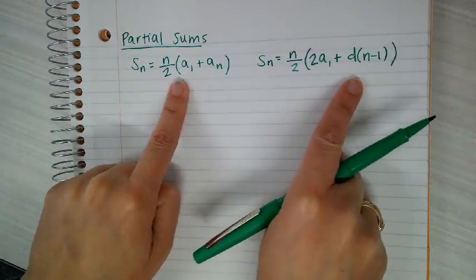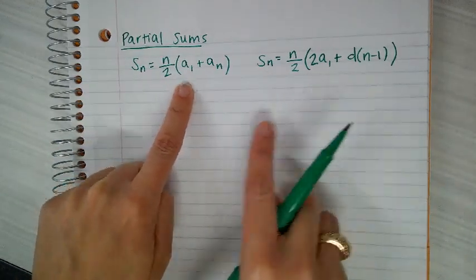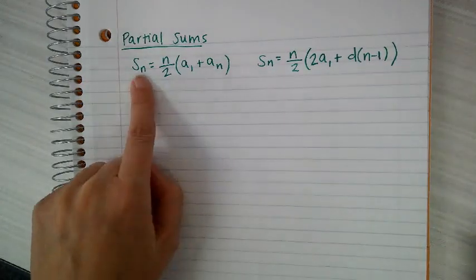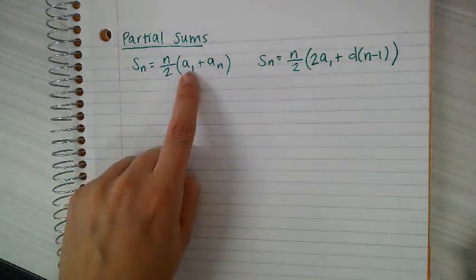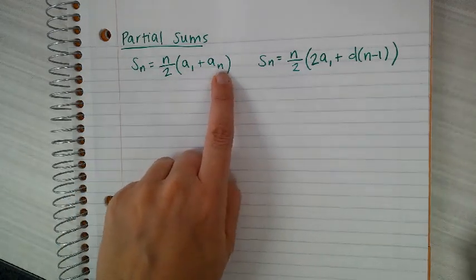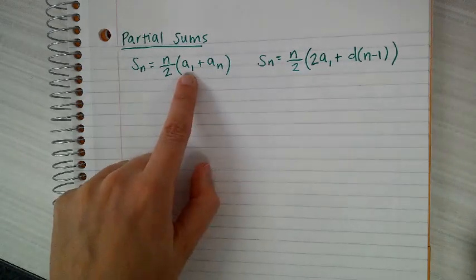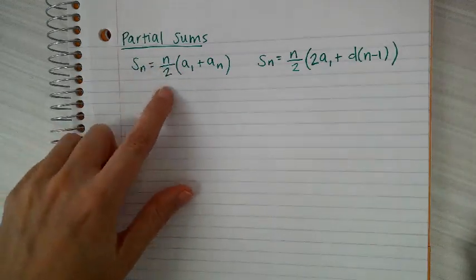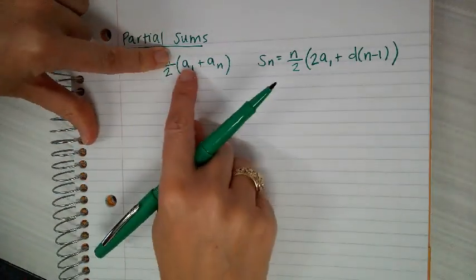These two formulas do the exact same thing. So let's look at them for just a second. The first one says that I need the first term and the nth term, and then I'm going to add them together, and then I'm going to divide by 2. So I'm going to focus on that part alone.